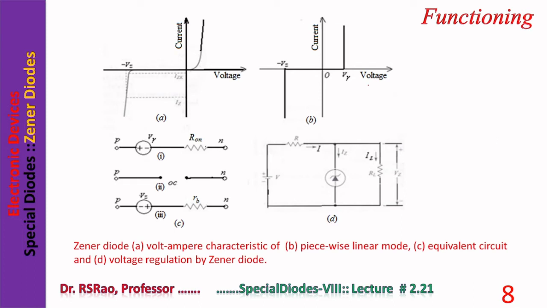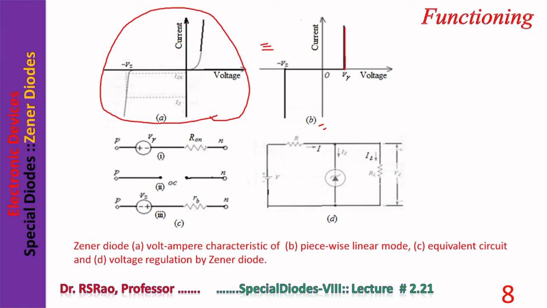The equivalent circuit of a Zener diode is being given here. This is the actual VI characteristic. This can be approximated by the characteristic shown in B. On the positive side, a voltage V gamma is the cut-in voltage.